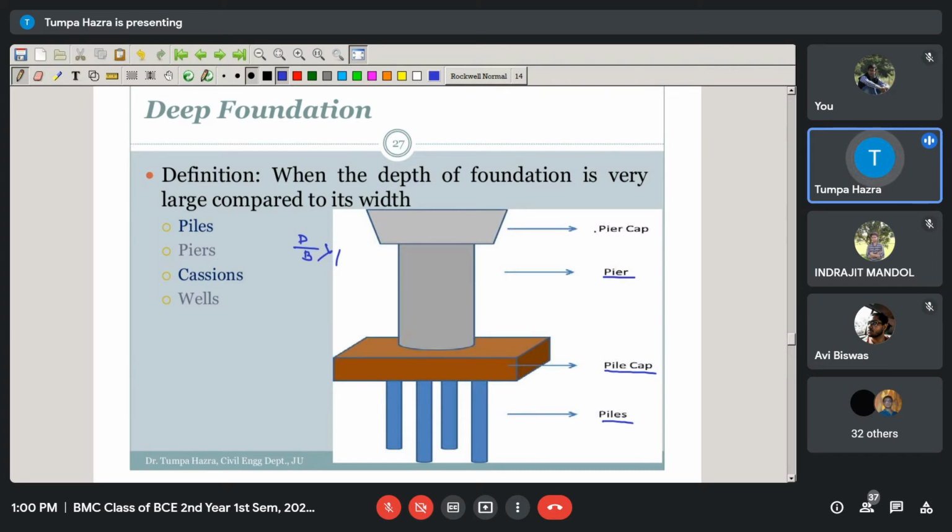Then above the pier is a larger diameter pile of small depth. And then above the pier a cap is constructed, and above the pier cap, the actual building is constructed. Okay, so this is the layout of a deep foundation.